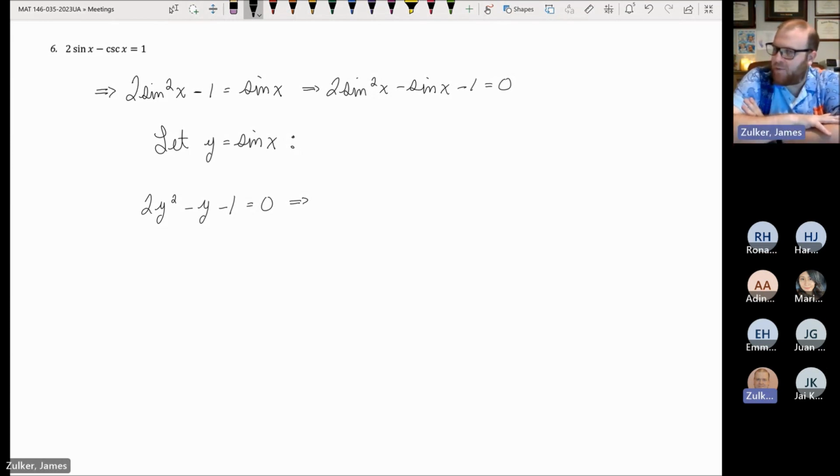And that would mean you have to use quadratic formula. But this actually can be factored.